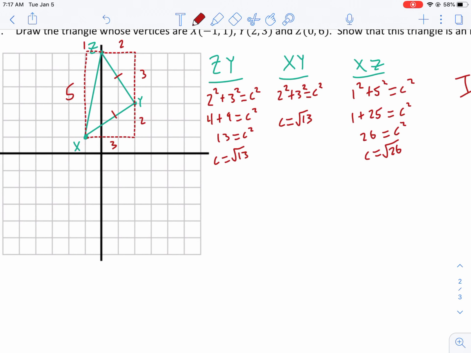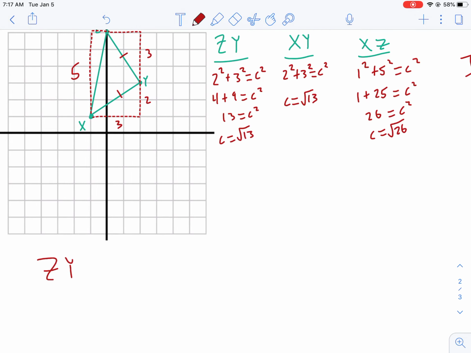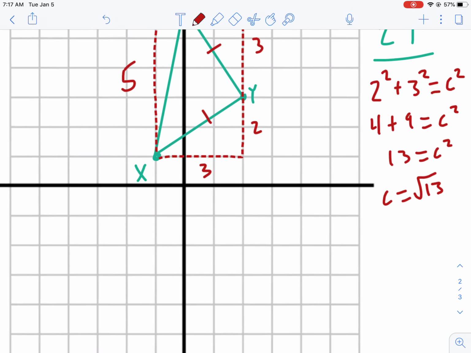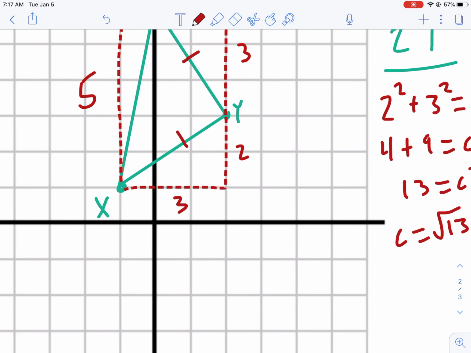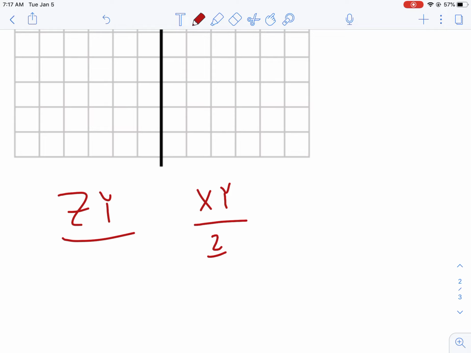Well, we'd have to show that ZY and XY are perpendicular. And in order to show they're perpendicular, we have to find their slopes. Now, we already have the work shown pretty much. So if we look at XY, rise over run, it's rising 2 and running 3. So XY's slope is 2/3.